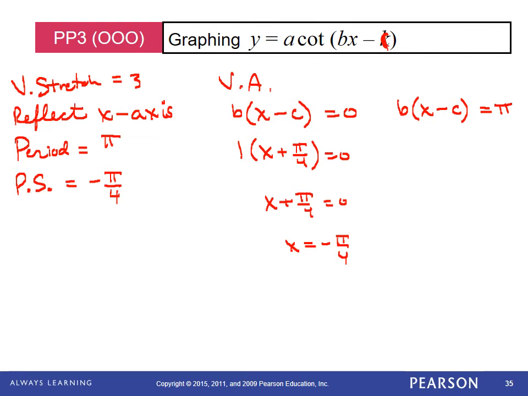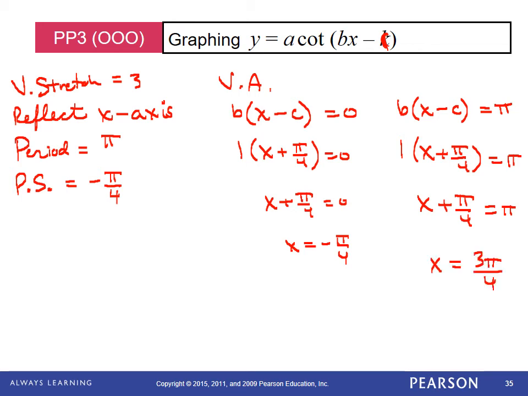There's my vertical asymptote. Next one, plug in the b and the c. Get rid of the 1 there. Subtracting pi over 4 from pi should give us 3 pi over 4. And I think we're ready.